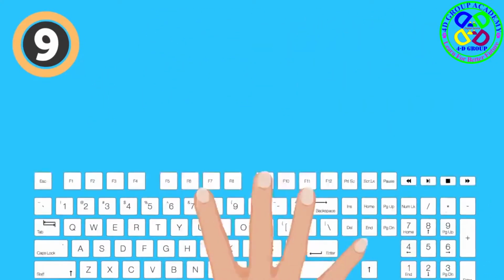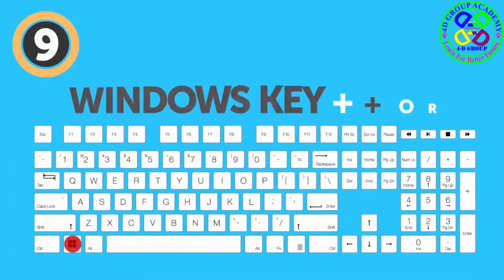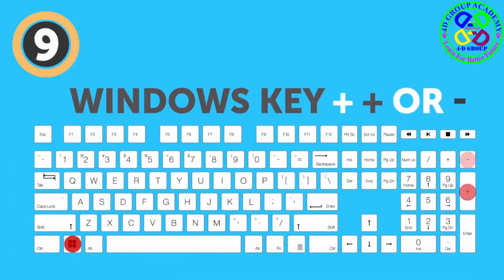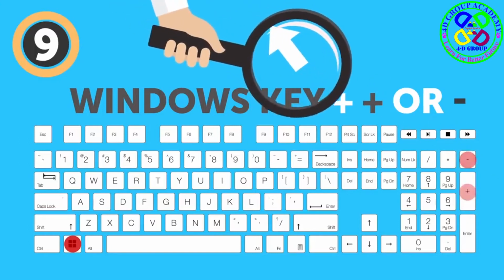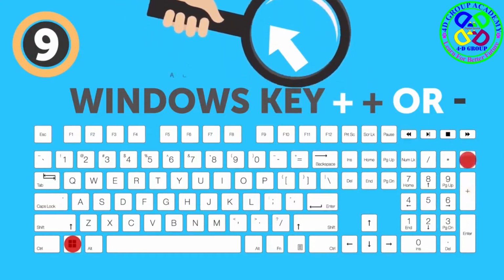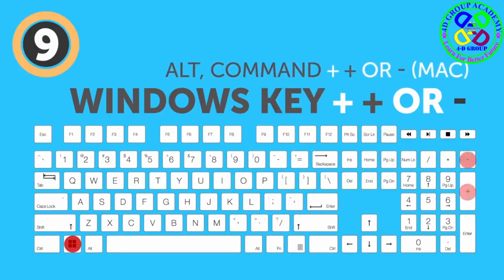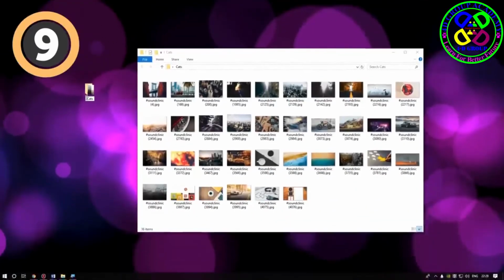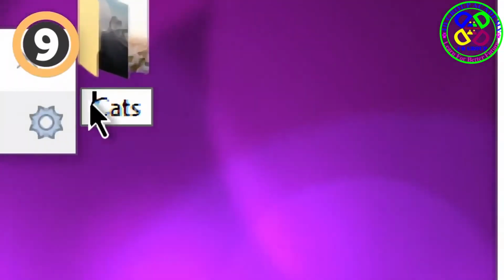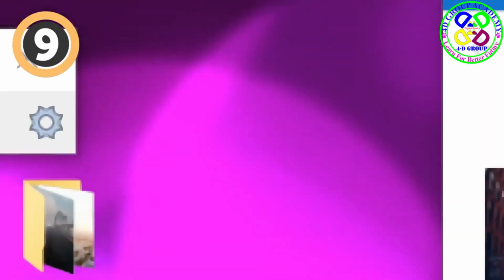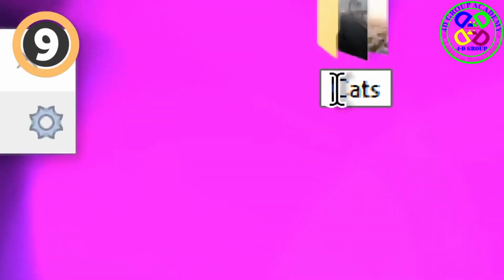You can press Windows key combined with plus or minus. Plus is for zoom, minus is for zooming out. So you see that this is the zoom magnifier.